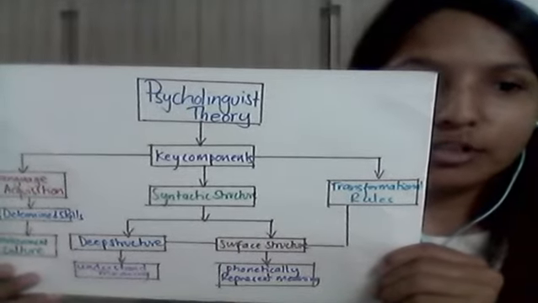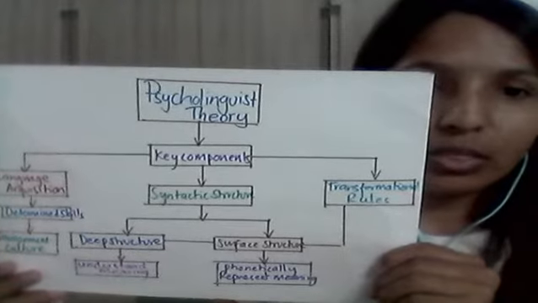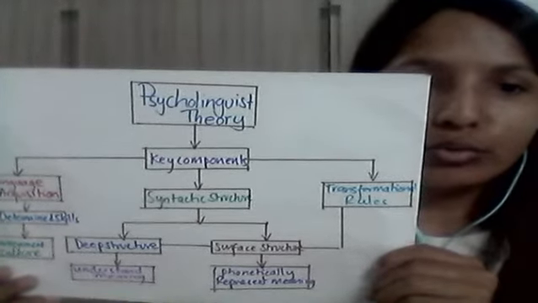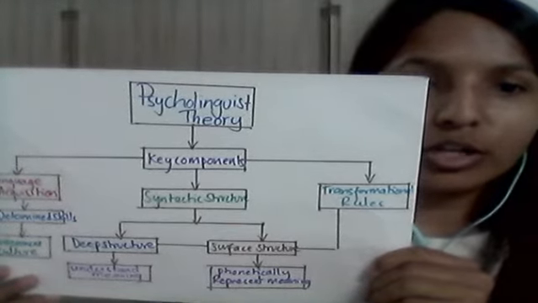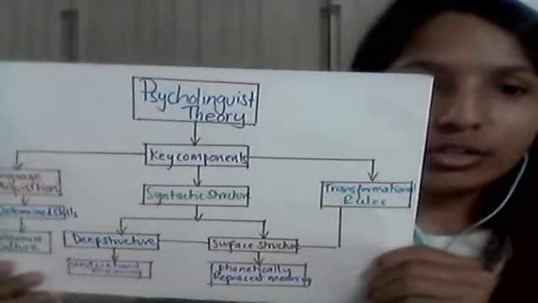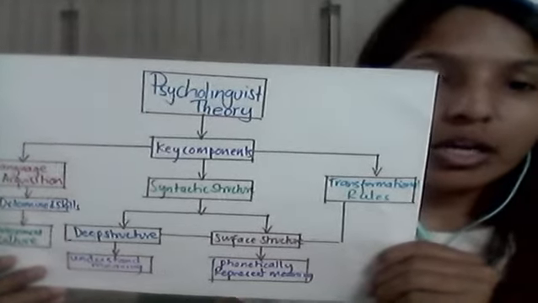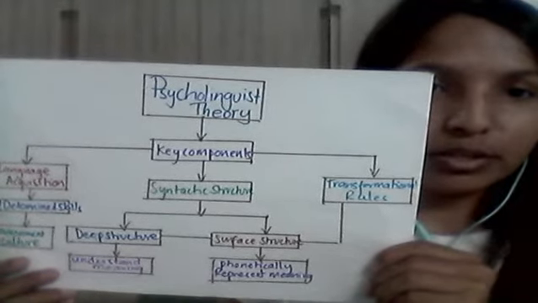the environment in which they are learning the language. The other component is syntactic structure, which has two different types: deep structure and surface structure. In deep structure, they learn and understand the meaning, and in surface structure, they phonologically represent the meaning.